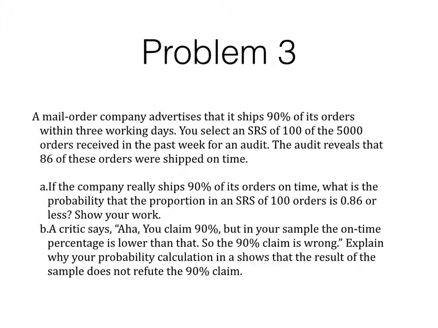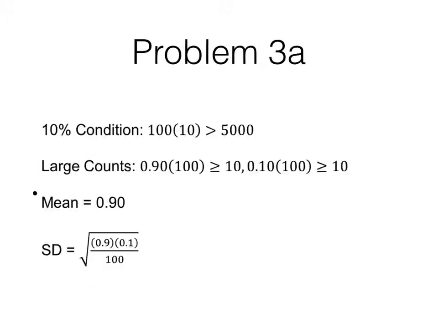Before we answer this problem, we have to check our 2 conditions. The 10% condition: 100 times 10 is less than 5,000. And the large counts: 0.9 times 100 is greater than 10, and even though 0.1 times 100 is equal to 10, it just needs to be greater than or equal to 10.